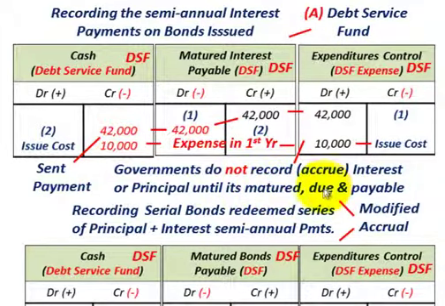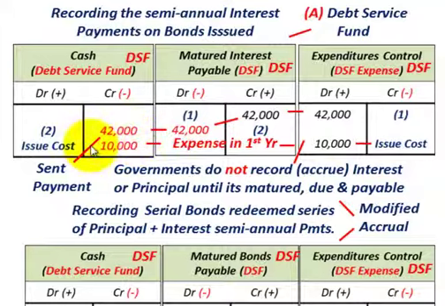It's matured, it's due, and it's payable. Okay, so when it was payable, when we actually sent out the payments, that's when we would debit or reduce our matured interest payable here by $42,000, and then the credit would go to reducing our cash account here for $42,000.